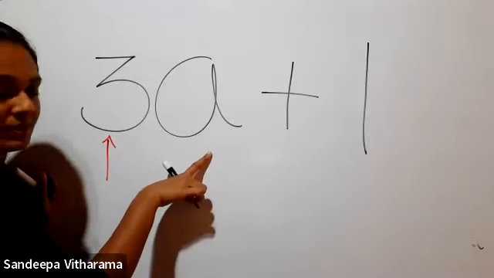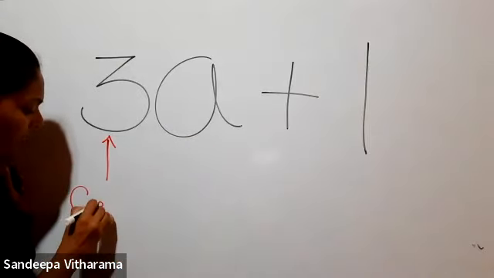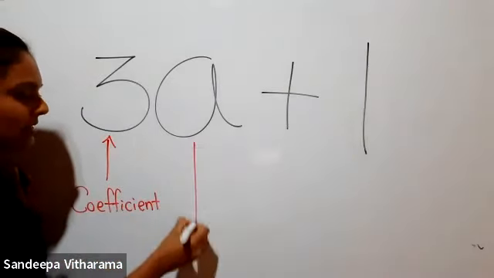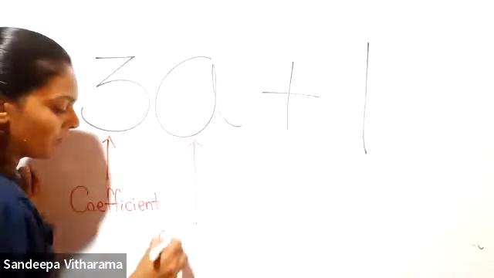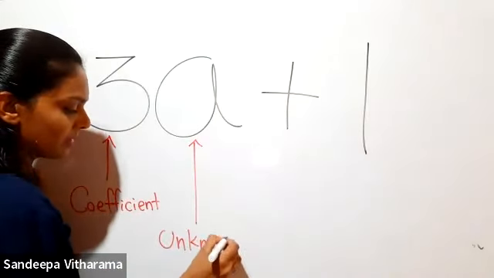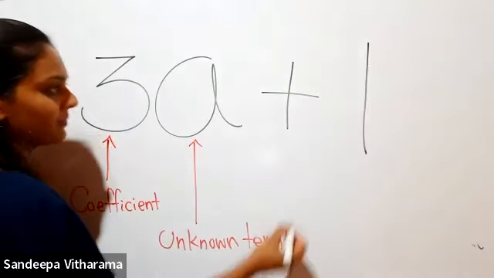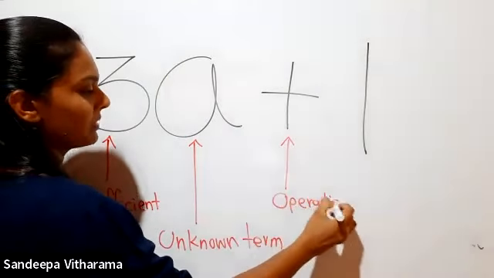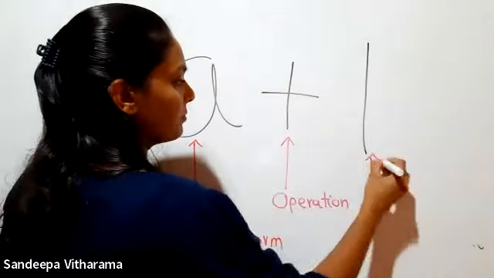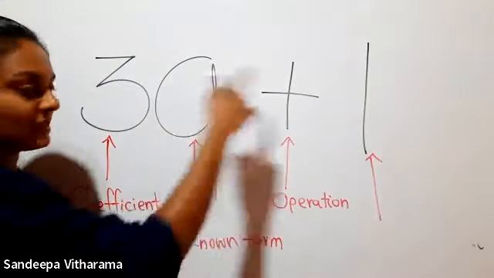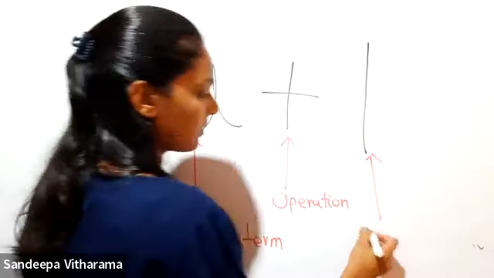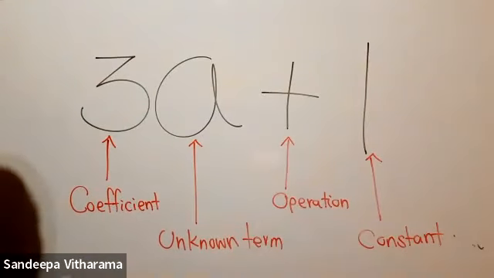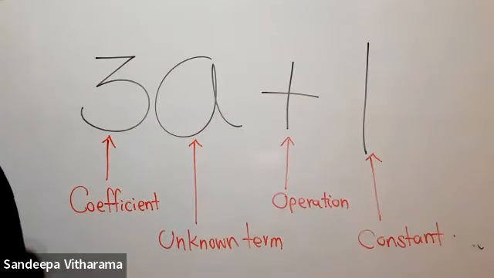It is called the coefficient. And this is called the algebraic symbol, or we call it the unknown term. And this is called the operation. And the number that is written alone at the end of an algebraic expression is called the constant. These are the parts of an algebraic expression.